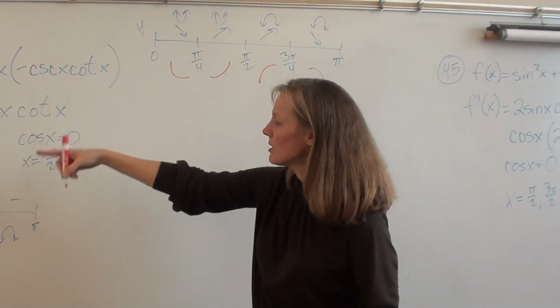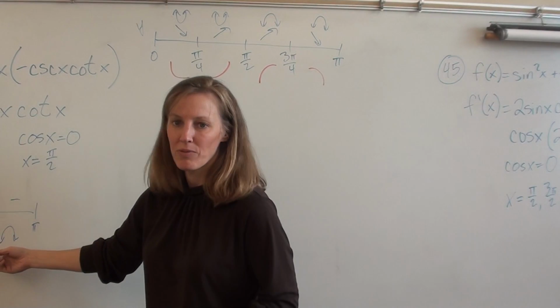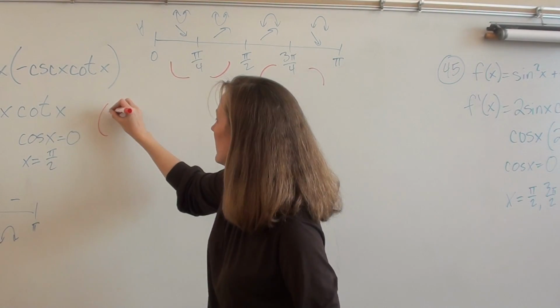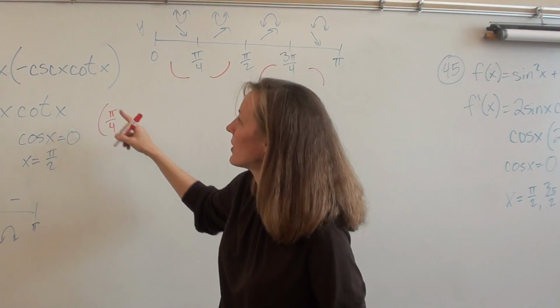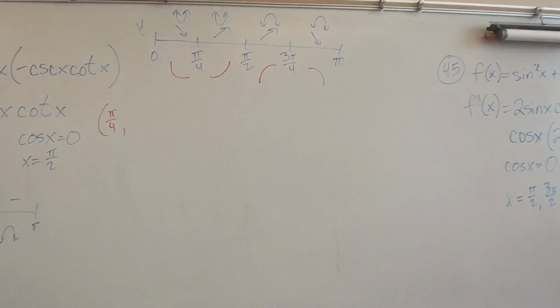Okay. So to get the points to plot, you would find the actual relative min and max and point of inflection. So very quickly, we're plugging into the original function. So let's do 2x minus 4, it's just easier for me to think. So 2 times pi fourths is pi halves minus 4. Cotan of pi fourths is 1. So we get pi halves minus 4 plus 1, or pi halves minus 3.